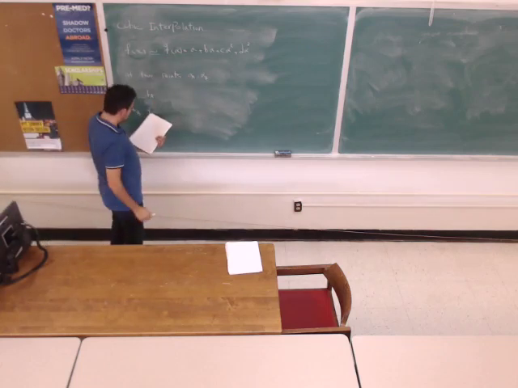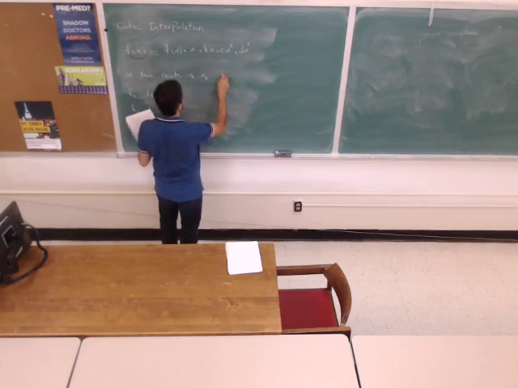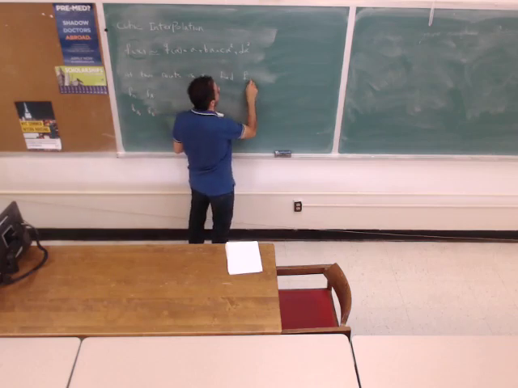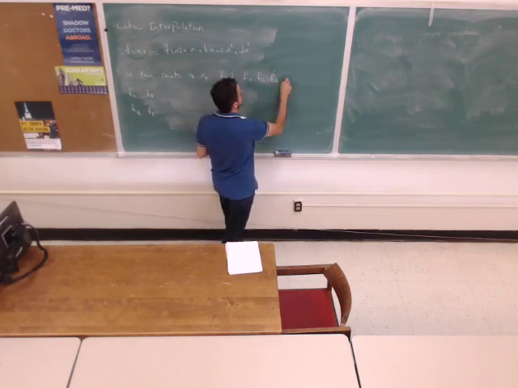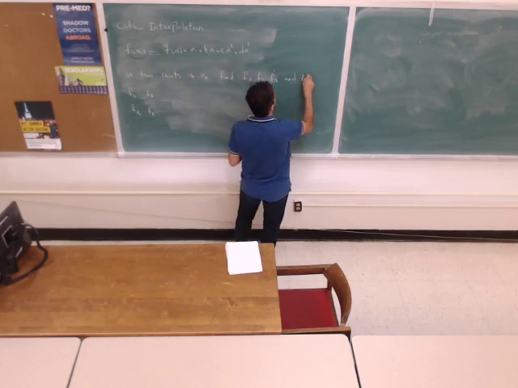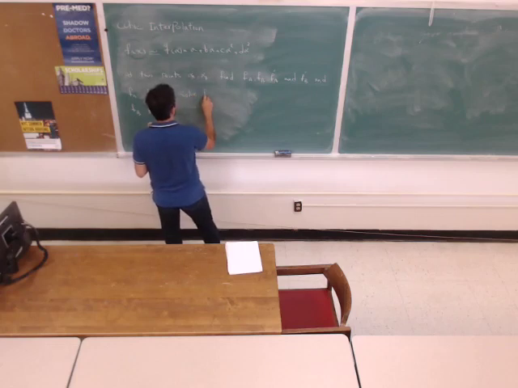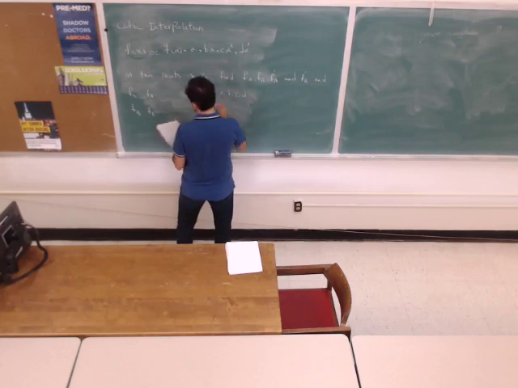So I can find f A, f B, f prime A, and f prime B, and solve for A, B, C, and D.